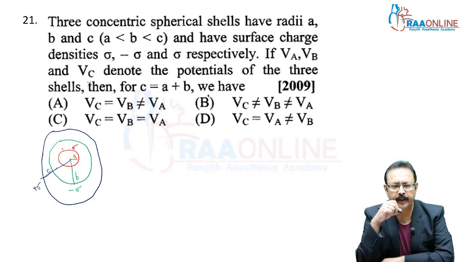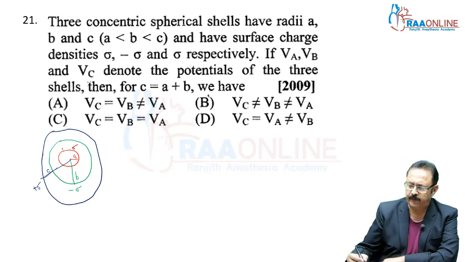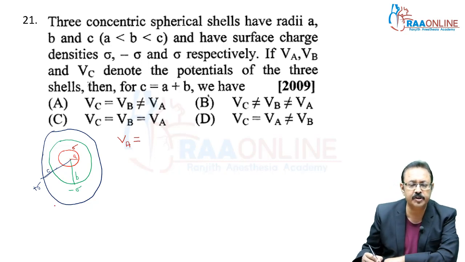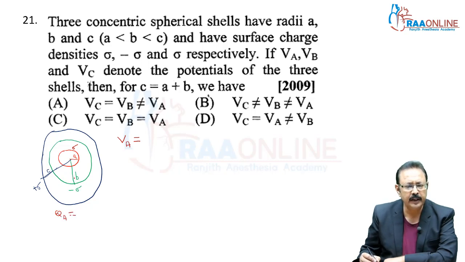We want to calculate the electric potential of the three shells. First I am talking about VA. Due to the charge, what is the charge on A? Its area is 4 pi A square, and per unit area the charge is sigma.